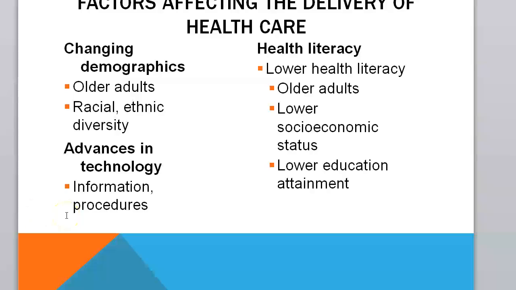The first one is about changing demographics. As your book talked about, by mid-21st century, the United States will be more racially and ethnically diverse, and we're going to have more older patients according to the U.S. Census Bureau.